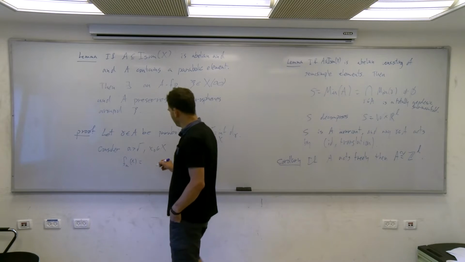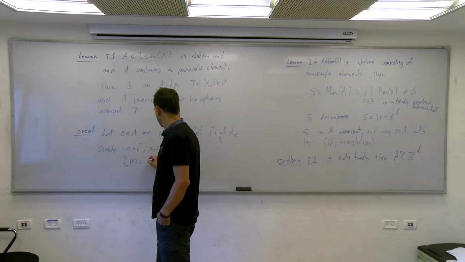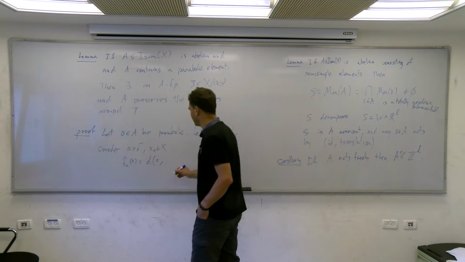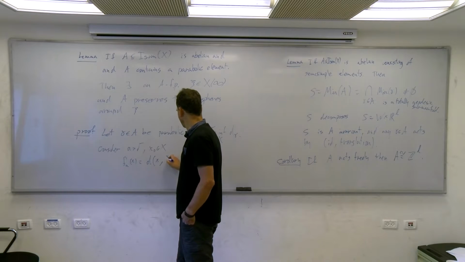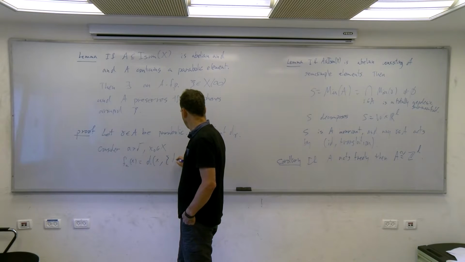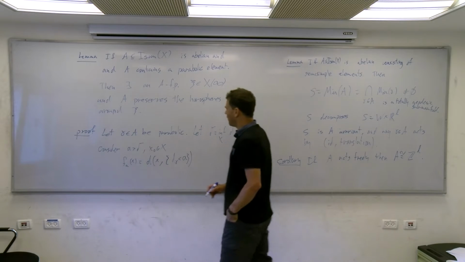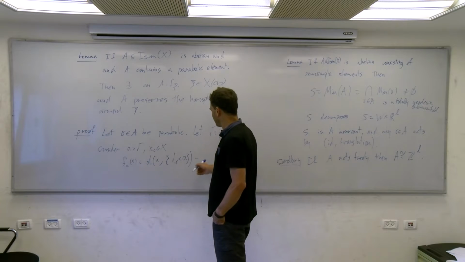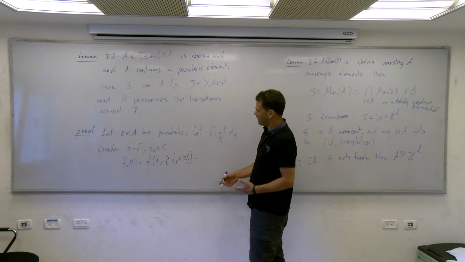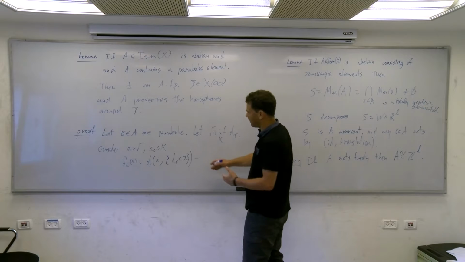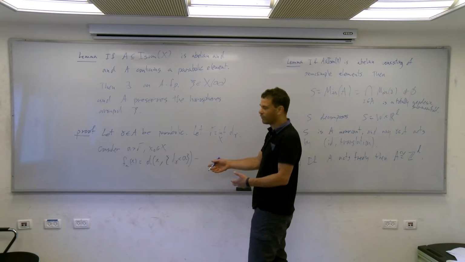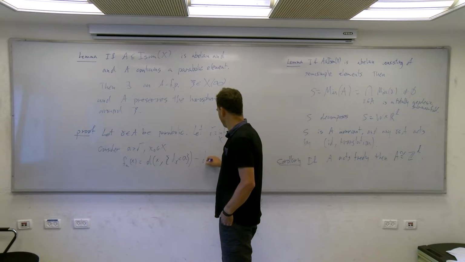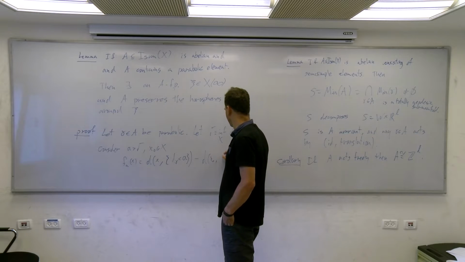I define it to be the distance of x from the set d_gamma less than a, and I want to normalize it, so I want to subtract a constant. The constant will be the distance of x0 from the same set.